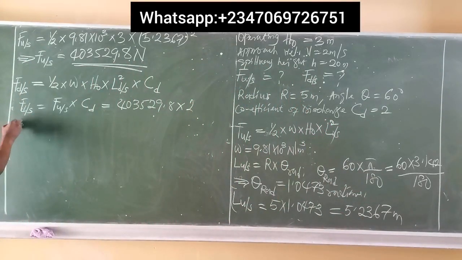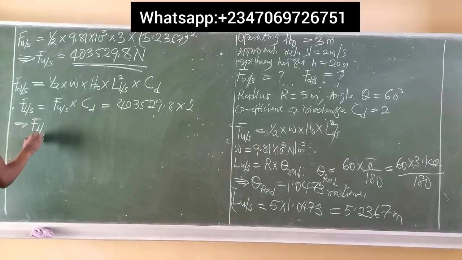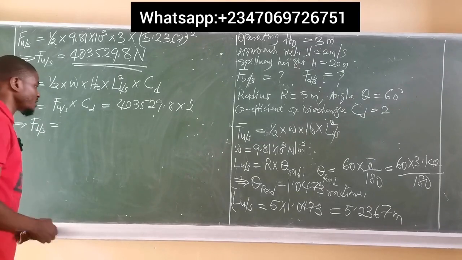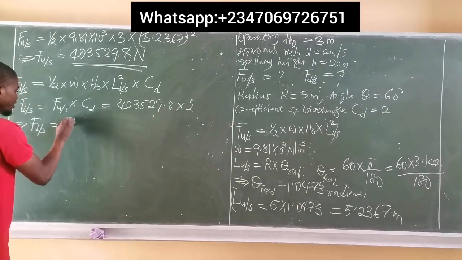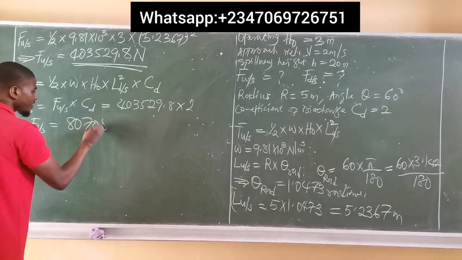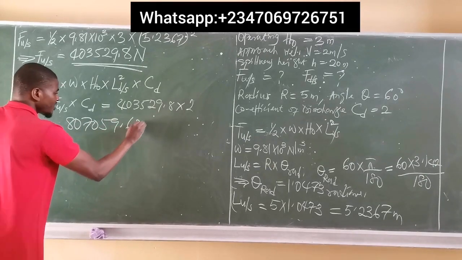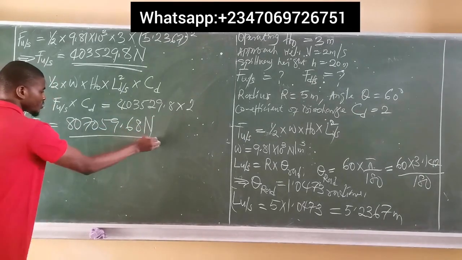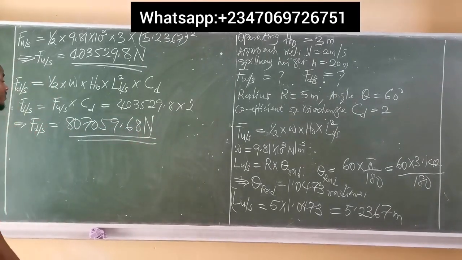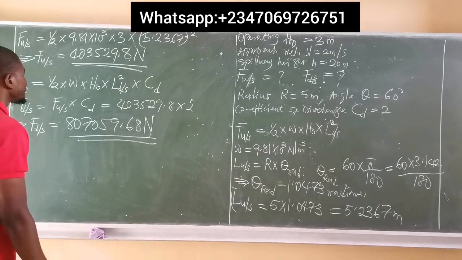This implies that the downstream force, or the dynamic force due to the downstream end, is 807059.68 in newtons.